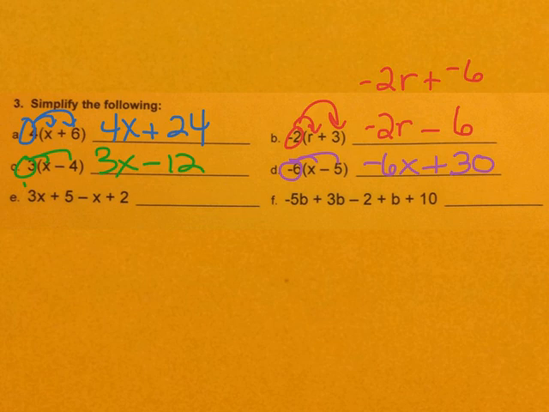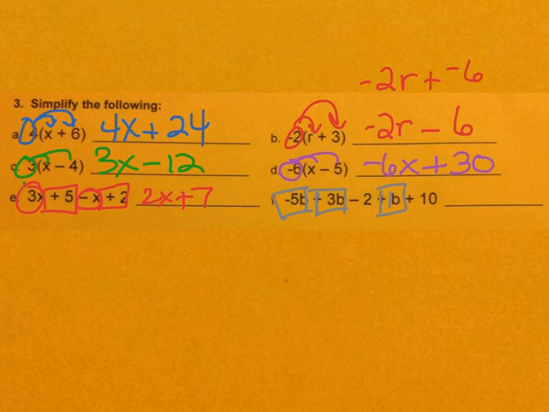The last two, there's no parentheses, but there are like terms. So in letter E, the 3x and the minus x can be combined together to become a 2x. And the plus 5 and the plus 2 can be combined together to be a plus 7. So that's all that I can simplify there. And letter F, I have a negative 5b, positive 3b, and another positive b, which really is like a positive 1b.